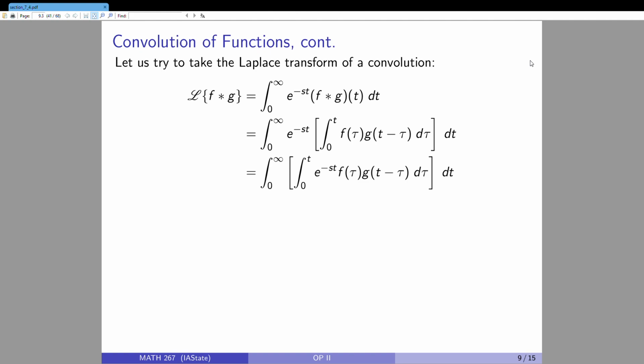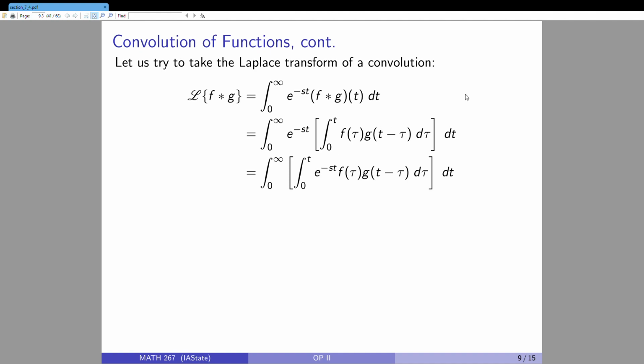Now, we want to be really careful here, because I can't just do the thing you're thinking, which is integrate from 0 to t and then integrate from 0 to infinity. We can't do that, because the integral here, 0 to t, depends on t. So I can't swap these.